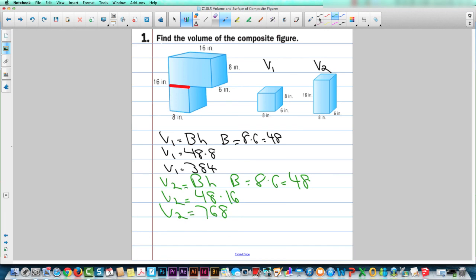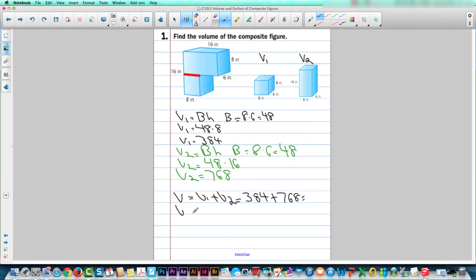Now to find the total volume, I'm going to add volume 1 plus volume 2, which is equal to 384, that's the first one, plus the second one, which is 768, and then I'm going to add those two together, which gives me a total volume of 1,152.